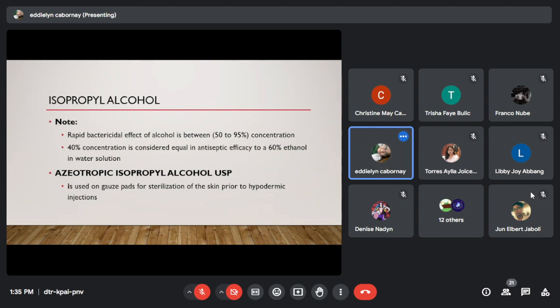That's why the isopropyl and ethyl alcohol that are present in the market are mostly 70%. Okay? So we have azeotropic isopropyl alcohol. It is used on gauze pads for sterilization of the skin prior to hypodermic injections.